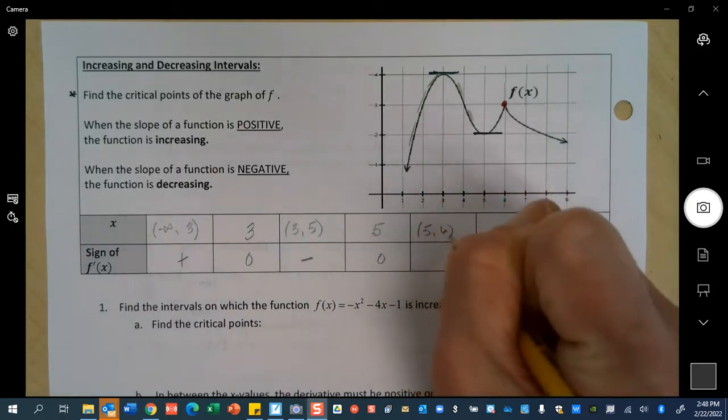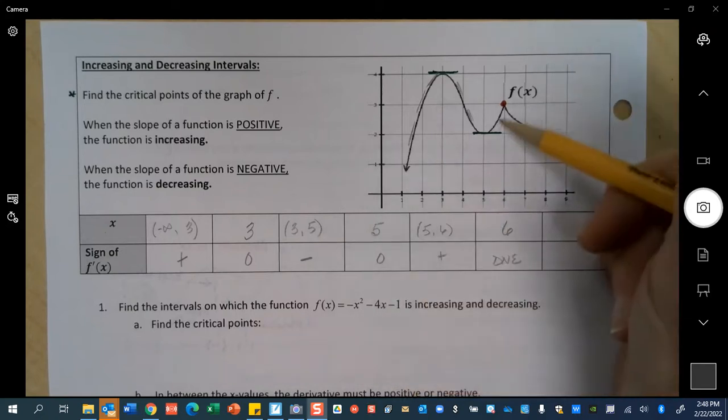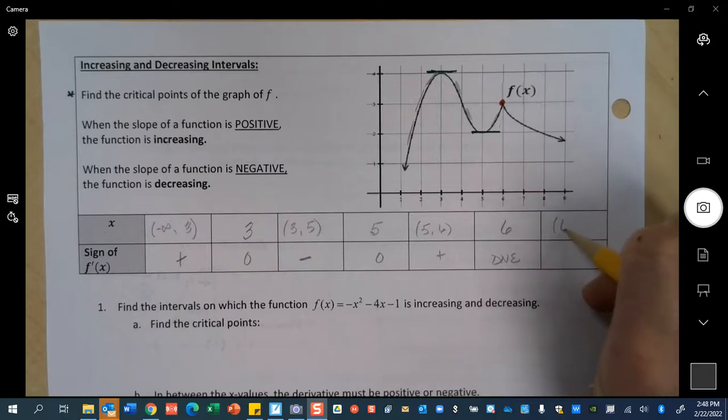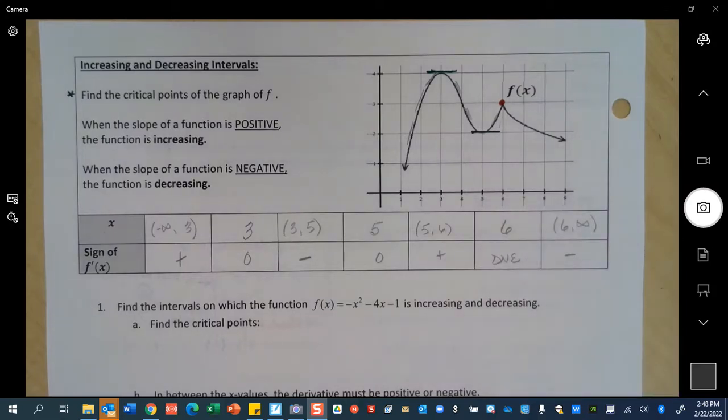From 5 to 6, the slope of my tangent line is positive. And as far as we know, from 6 to positive infinity, the slope of my tangent line is negative. So we can look at those critical points as landmarks in between and see what behavior is happening to our function.